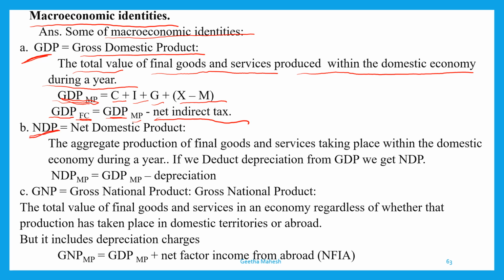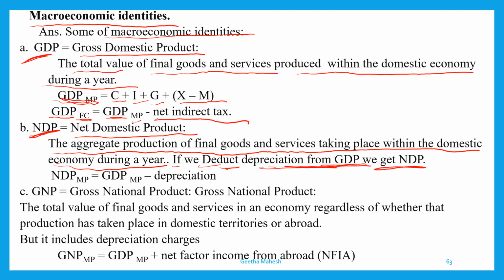Next one is net domestic product, that is NDP, the aggregate production of final goods and services taking place within the domestic economy during a year. If we deduct depreciation from GDP, we get NDP.